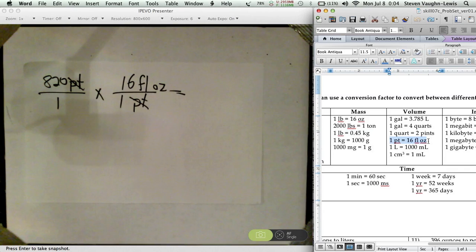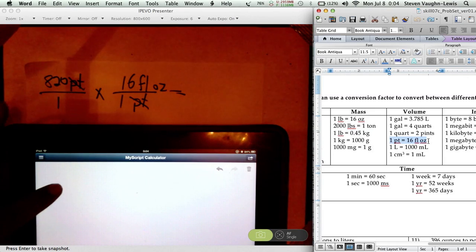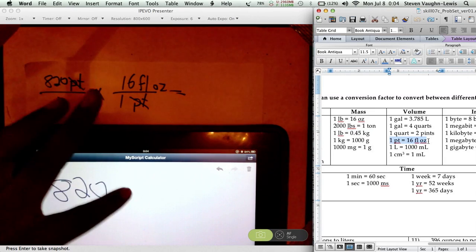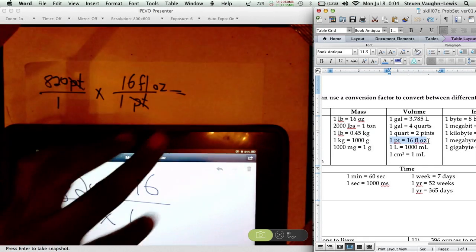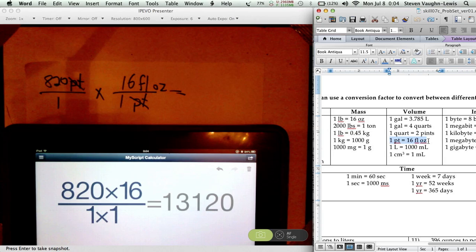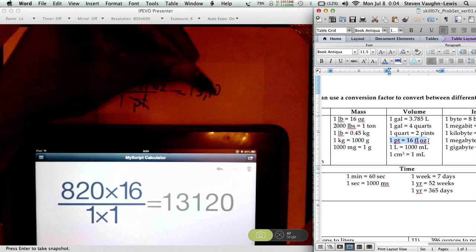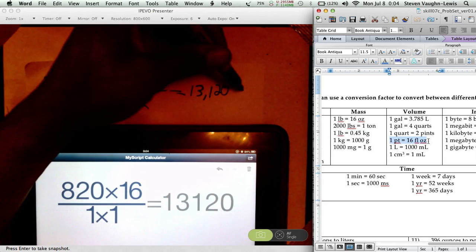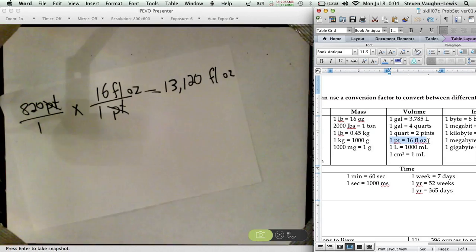And when I solve that, I get 820 times 16 divided by 1 times 1, and that equals 113,120. What's left? Fluid ounces. And that's how you solve that one.